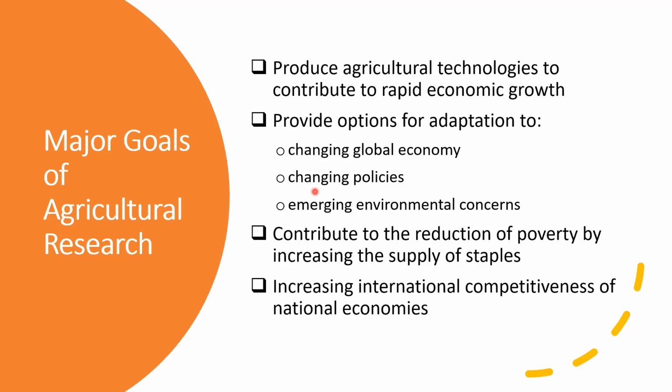That is a wastage of your resources. So we have to look at what the policies are. Emerging environmental concerns, of course, we have to look at, because the environment directly affects crop production. We have to look very closely at the changing climate, so that we can take measures as per our requirement.